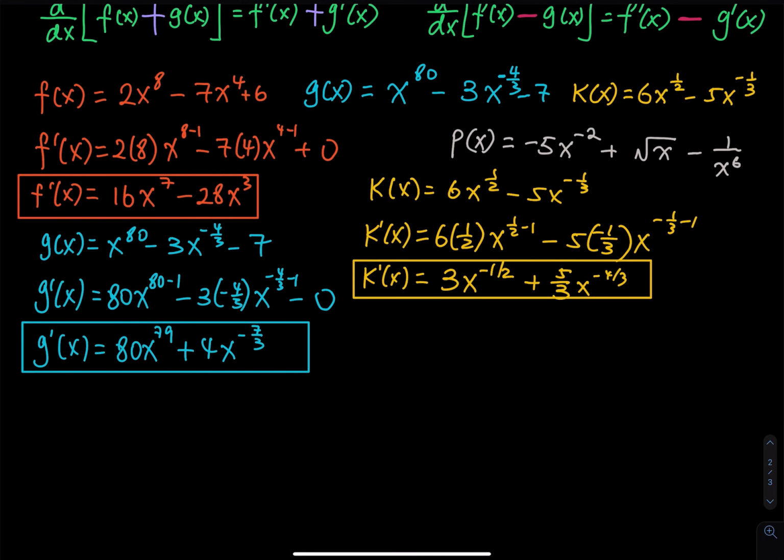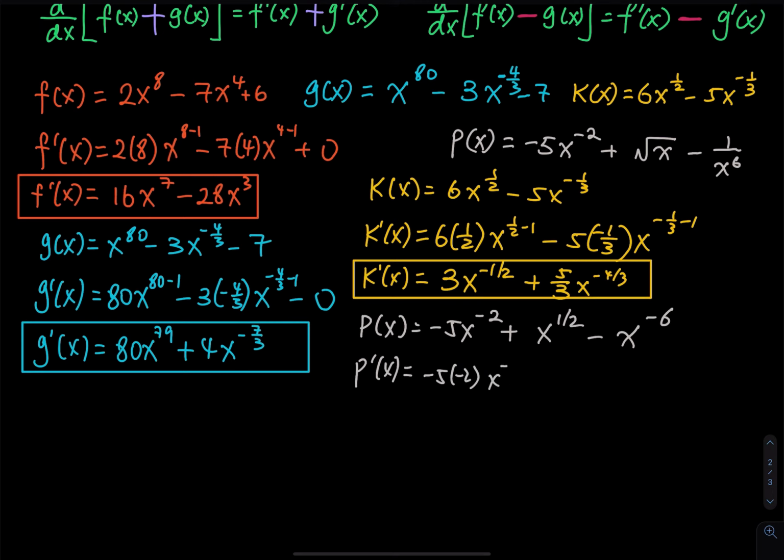Last one, p of x. So we have p of x equals negative 5x to the negative 2 plus the square root of x, which means x to the 1/2, right? And then x to the 6 in the denominator is x to the negative 6. So p prime: bring the negative 2 down, negative 2 minus 1, bring the 1/2 down, 1/2 minus 1, bring the negative 6 down, x to the negative 6 minus 1.